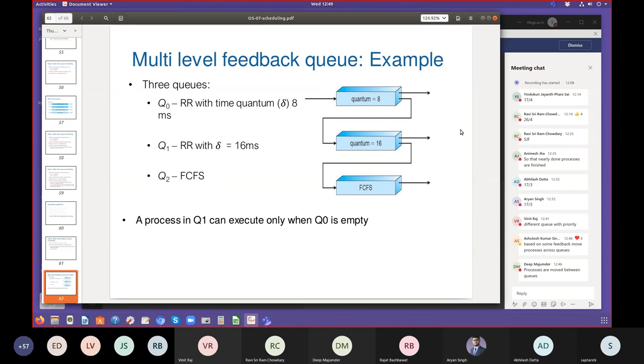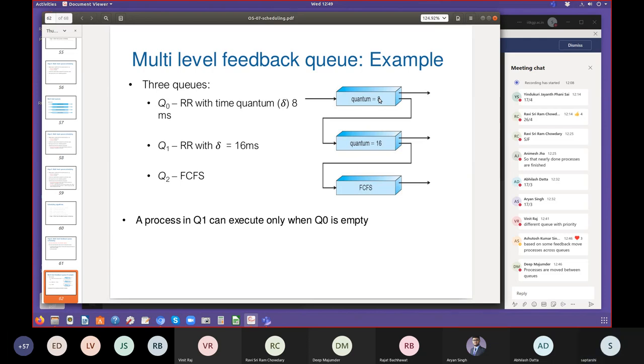First a process is placed in the queue that has quantum 8, then it is moved to 16, and then finally it is moved to the FCFS queue. Yes, that is understood. But what is the philosophy? Suppose one process comes and it is placed, you are right, in this queue with quantum equal to 8. Then why should it be moved to the lower queue?